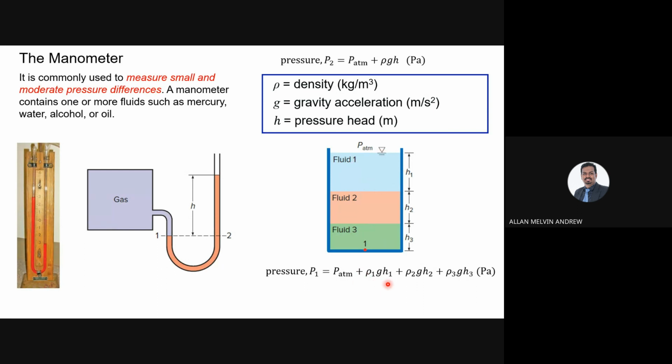Then we have rho 2, a different density, rho 2 g, gravity will be the same, and h2, plus rho 3 g h3. Okay, so if you sum all these, you can find the pressure at point 1. So this is the basic principle that we will use in the manometer calculation.